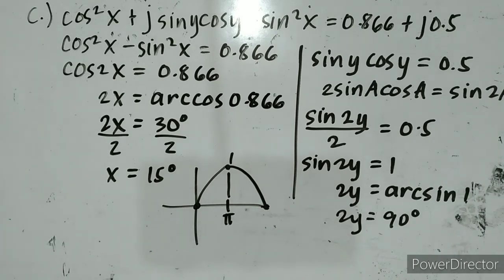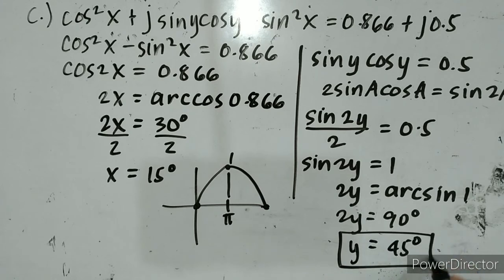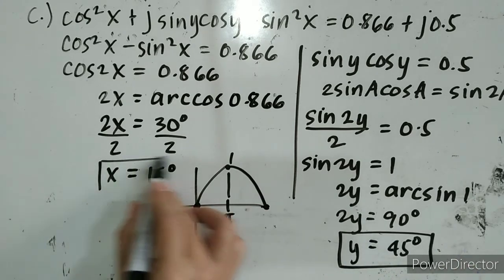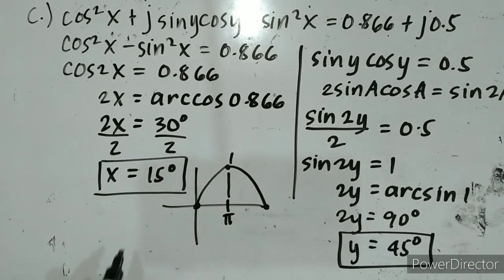So 2y is equal to 90 degrees. Therefore, y is equal to 90 degrees divided by 2, which is equal to 45 degrees. So for this equation, the values of our x and our y are 15 degrees and 45 degrees respectively.